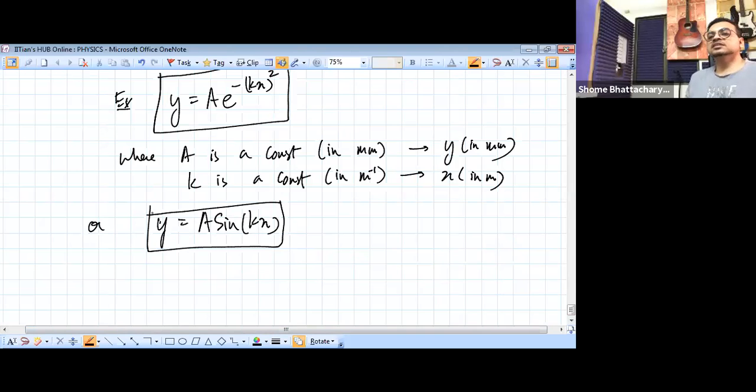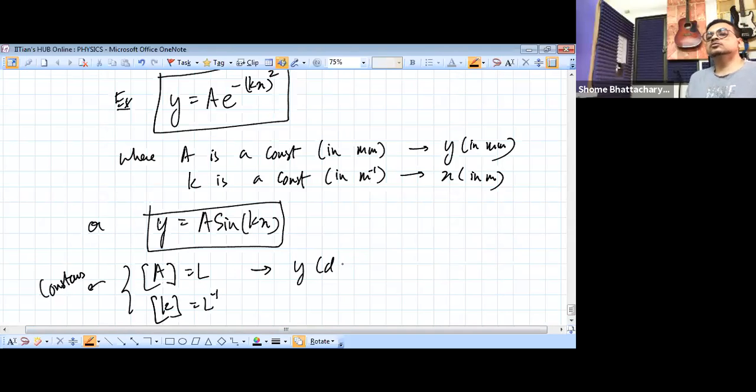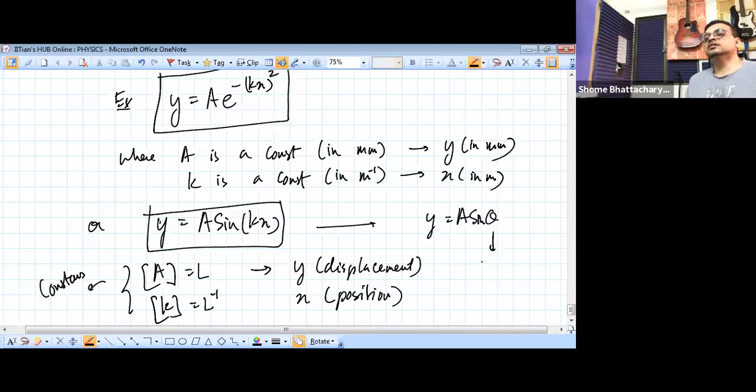This will make sense dimensionally. So A has the dimension of length, and p has the dimension of length inverse. So y is a displacement, x is a position. But this is a function of the type y = some constant times sin theta. This theta is the argument of the sine function, which must be dimensionless.